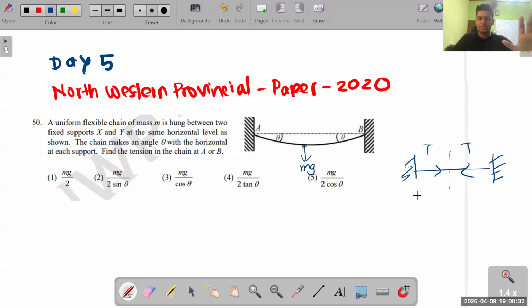Can you remember the last question, the day 4 question which I discussed yesterday? That question was also something like this. I marked the tension like this. If there's a mass here, the tension would be like this. Similarly here also, the tension should look like this diagram.